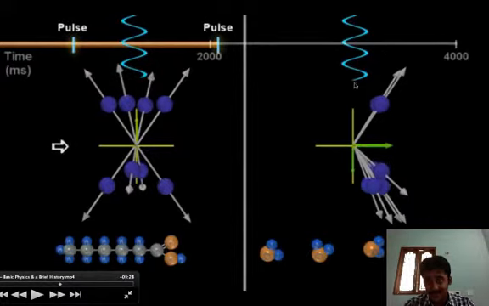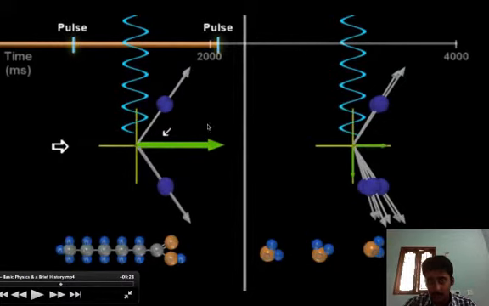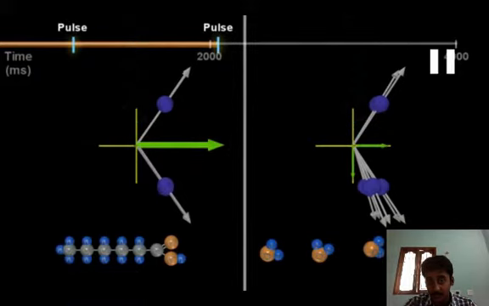Now as they didn't relax, once again as we apply the energy, more protons start moving downward and fewer protons upward. Hence we can see a net longitudinal magnetization downward, and decreased transverse magnetization in this direction. So here we have high transverse magnetization, and here we have low transverse magnetization.